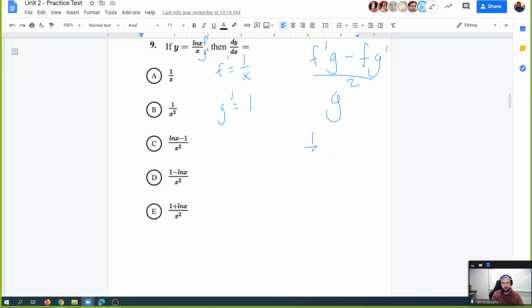So it's going to be 1 over x times regular g, x, minus regular f, ln x, times 1 prime over x squared. To simplify, these x's kind of cancel each other out, so we're at 1 minus ln of x over x squared.